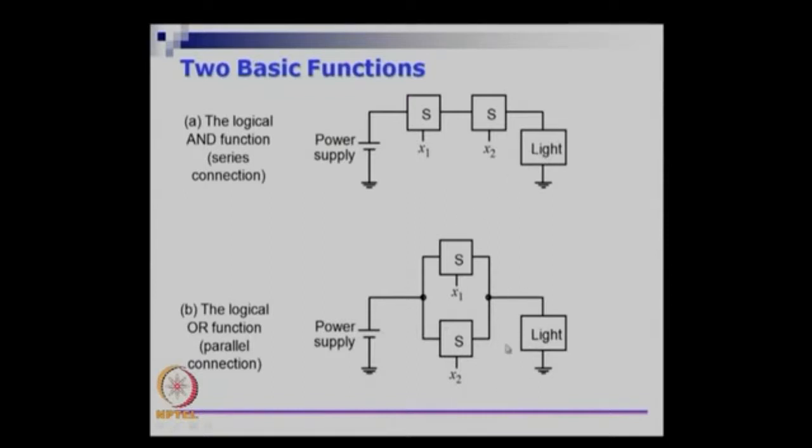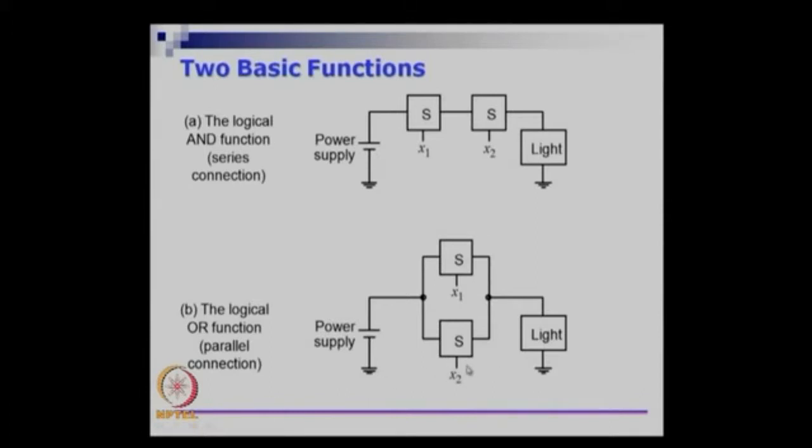Look at the picture here. Again there are two switches, but they are connected in parallel. So X1 is connected, this switch is connected in parallel to X2. So if X1 is off and X2 is also off, then there is no path from the power to ground. However, if X1 is on, there will be a current through switch X1 to the light.